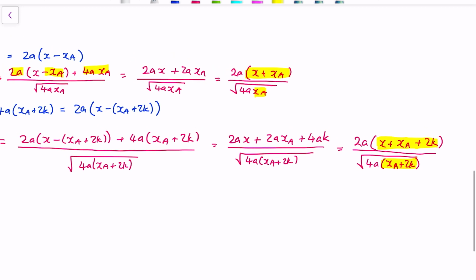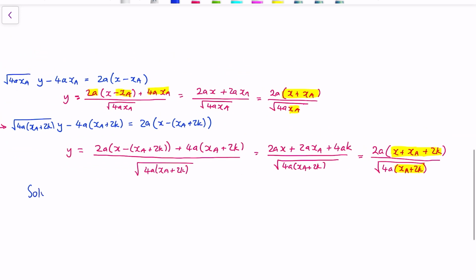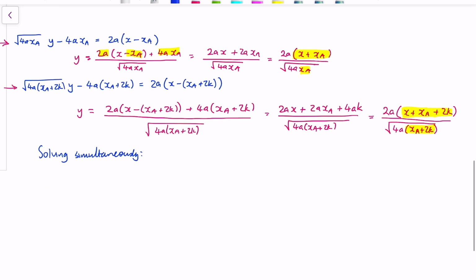Now if I solve those equal to one another, solving simultaneously, we can equate the two expressions.